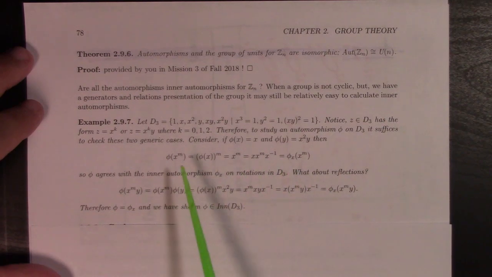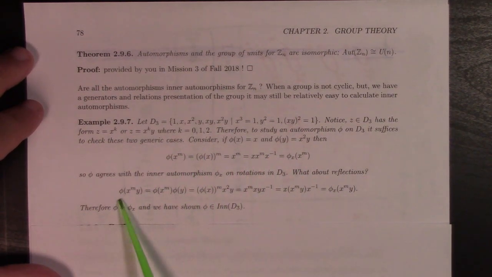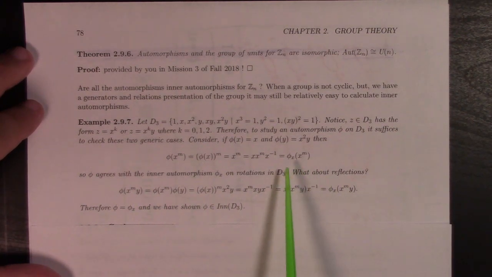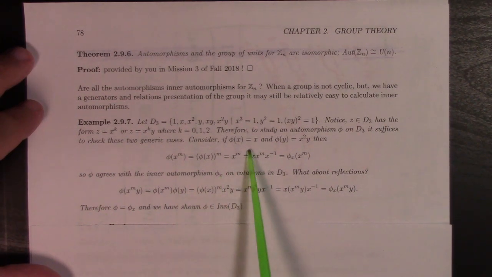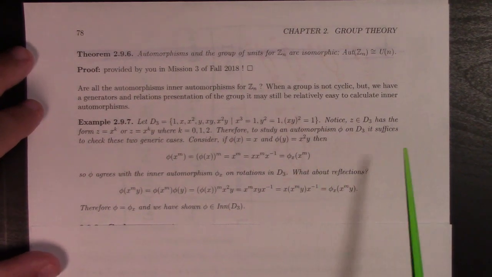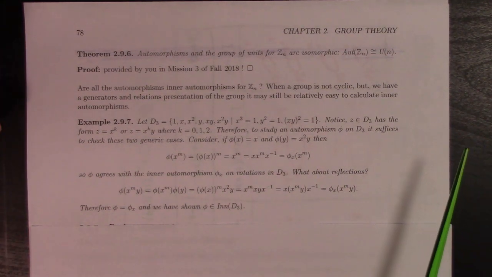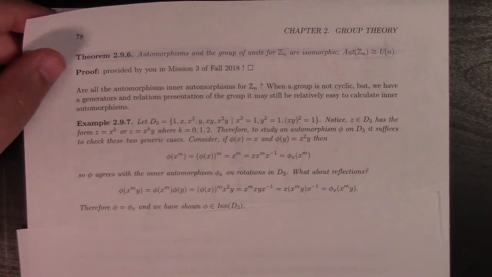And so the mapping phi and the mapping phi sub x are equal on every possible input from D3, which means that they're equal as functions, right? And that means then that phi is in the inner automorphisms of D3, because I've just shown through this argument that it is in fact a conjugation map. Now, there are doubtless easier ways to do it, but that's just a sample calculation, all right?